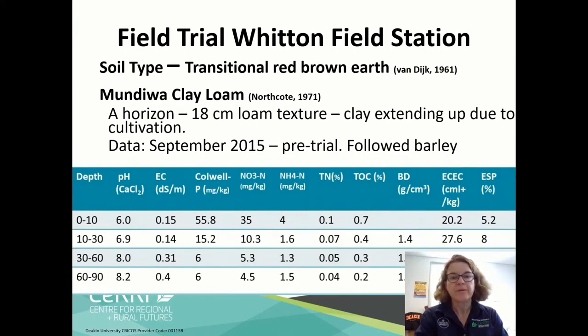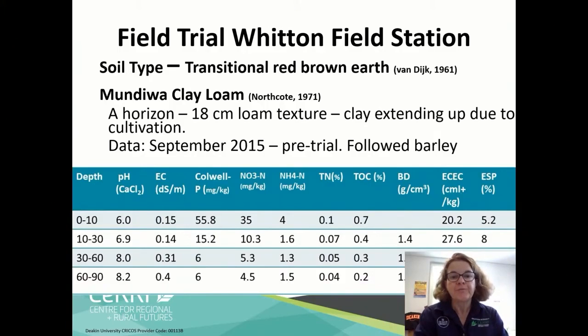So the soil type at the Witten Field Station is a transitional red-brown earth, classified by Van Dyke. It's locally known as a Mundaware clay loam. It has a light loamy texture in the upper part of the profile in the A horizon, down to about 18-20 centimetres, although clay is starting to extend up due to cultivation.